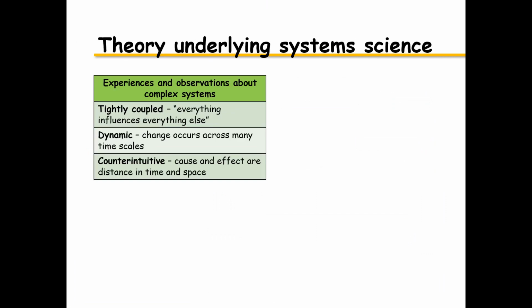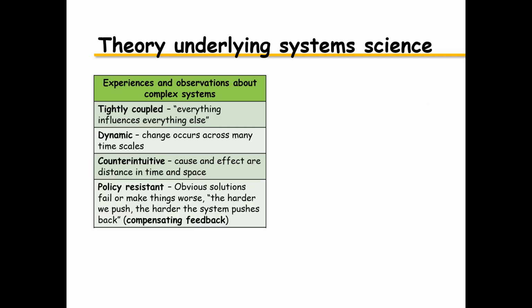Systems and problems tend to be counterintuitive, meaning that cause and effect are distant in time and space. Something that I do here now can influence something that you do over there later, and vice versa. We're not disconnected, even though we might be in different places, making decisions at different times.